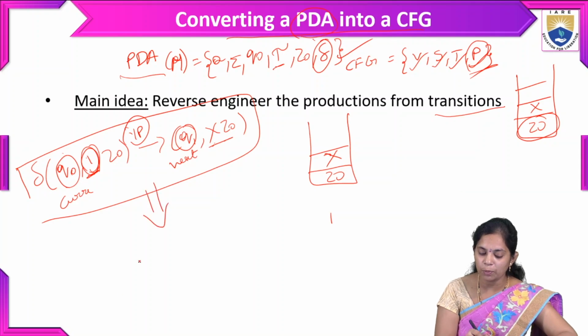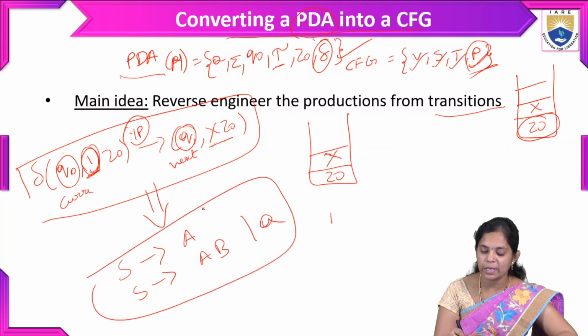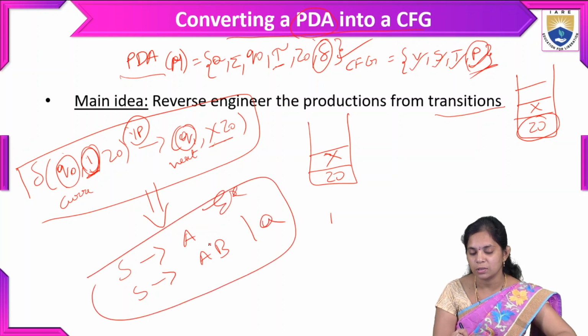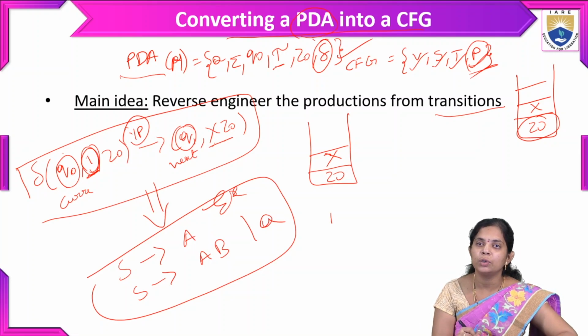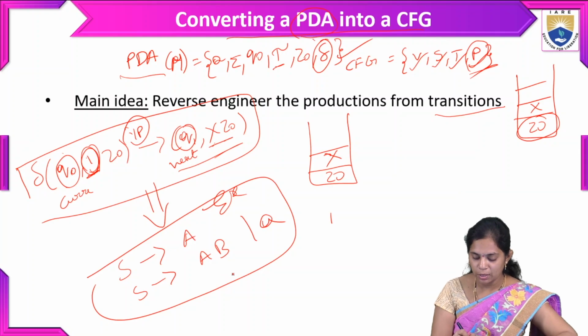with this input, how we are going to convert it into a production. How are the productions? S tends to A, or S tends to AB, or with the terminals like this. So these are examples of some productions. Now what is the task here? The input is a pushdown automata and we need to convert it to productions.